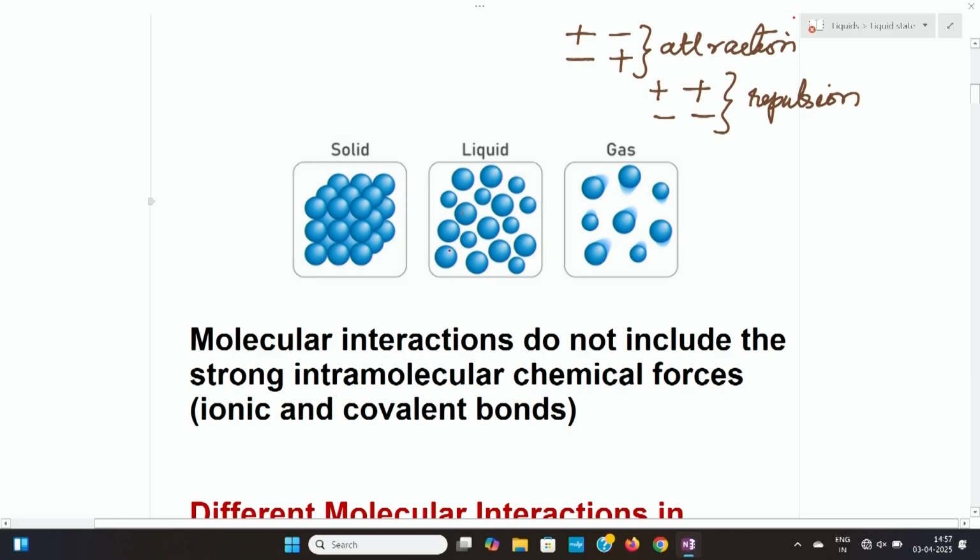In liquids, the molecular interactions are not so strong as ionic and covalent bonds.